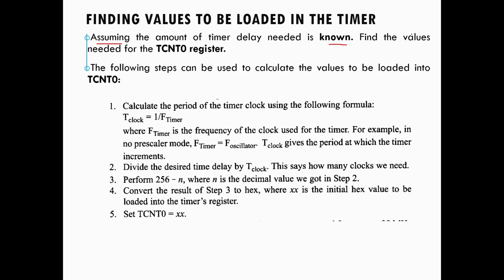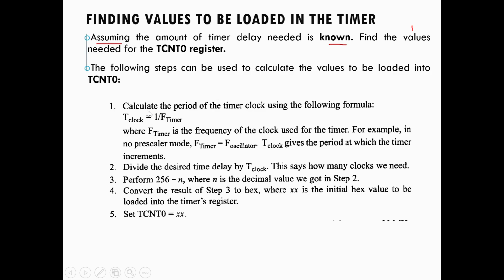So we need to find the values that we need to put into the TCNT registers, and then the following steps can be used to calculate the values to load into the TCNT.